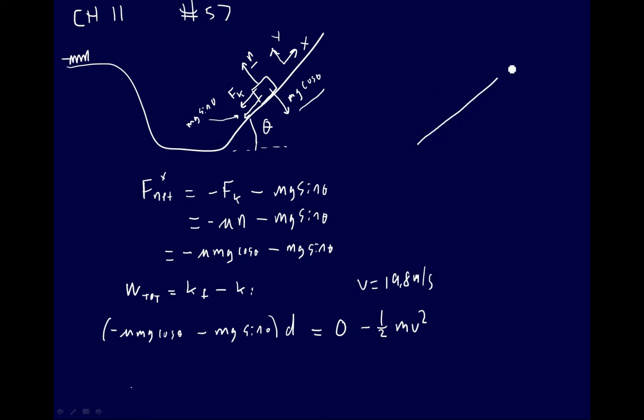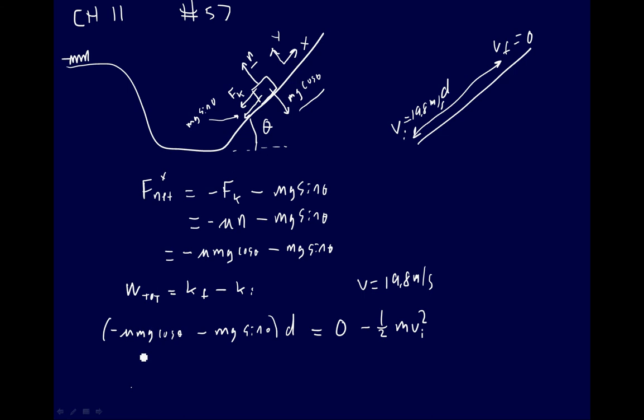If I draw another picture of the diagram showing the kinematics, the block is going to go up some distance d, starting with an initial velocity, which is the 19.8 we just found in the first case, and ending with a final velocity equal to 0.